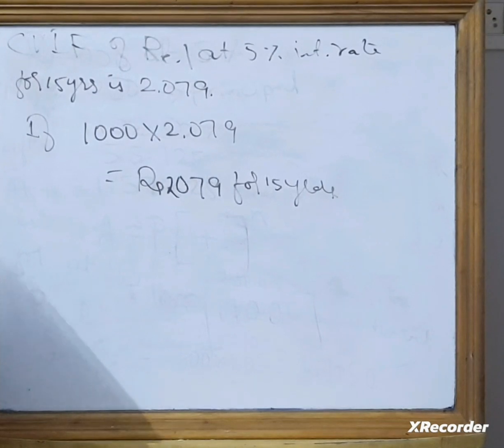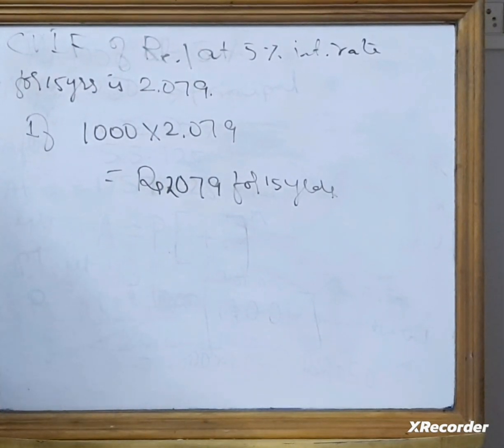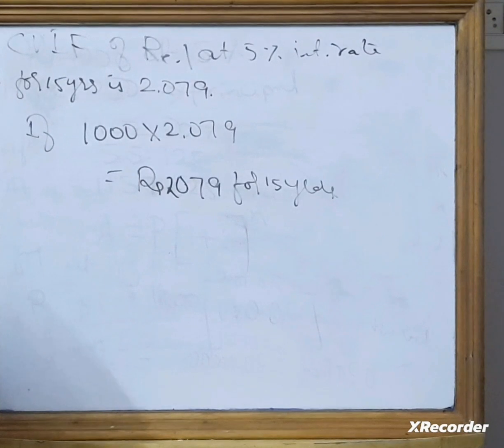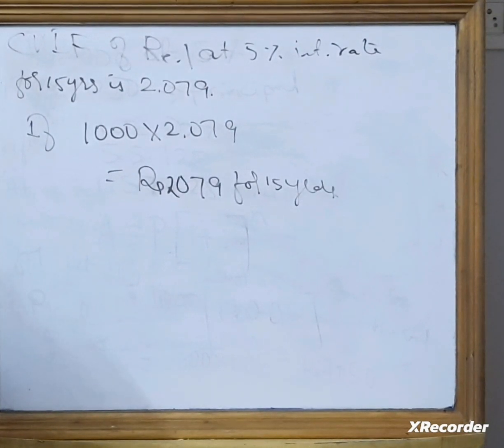So with the help of the table, it is possible to calculate the compounded value for any combination of interest rate and also for any combination of the years.